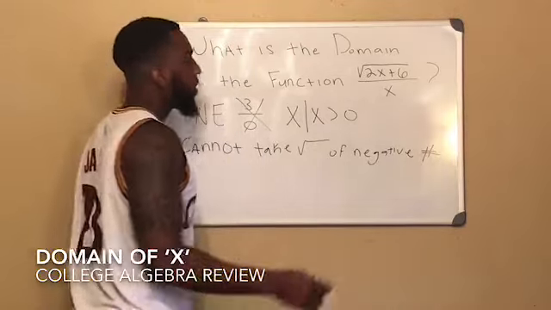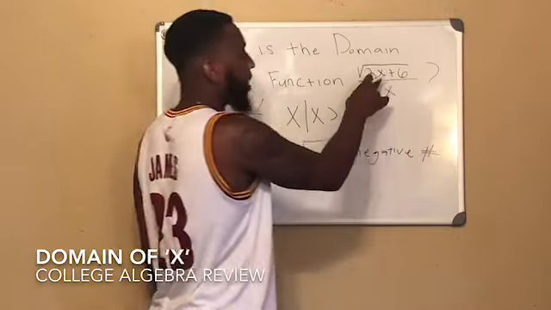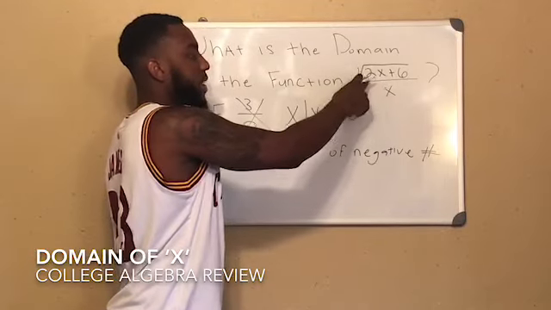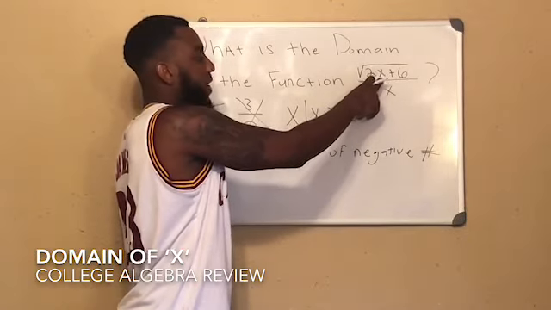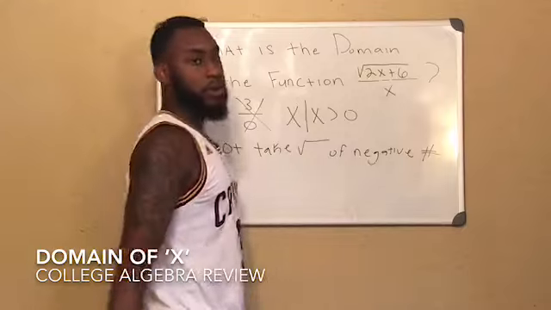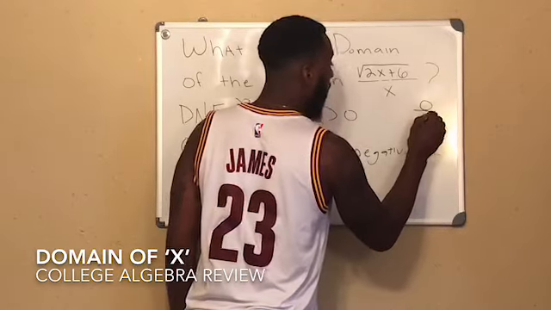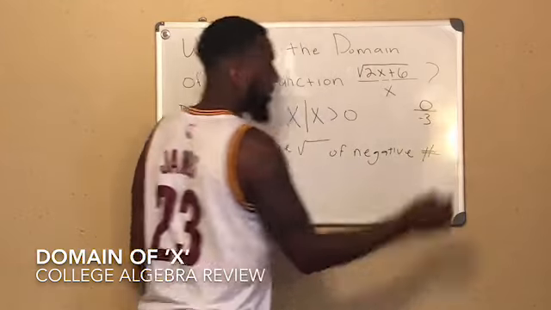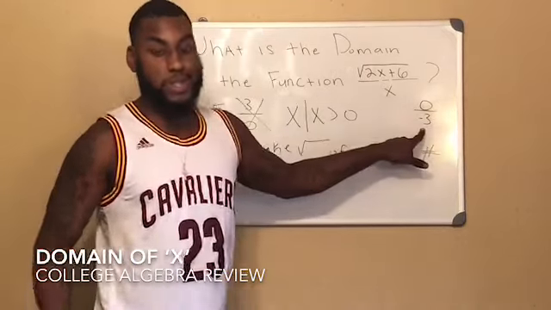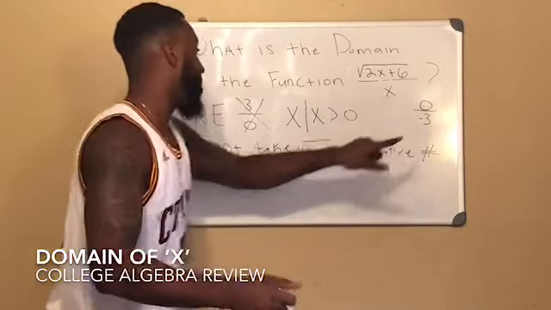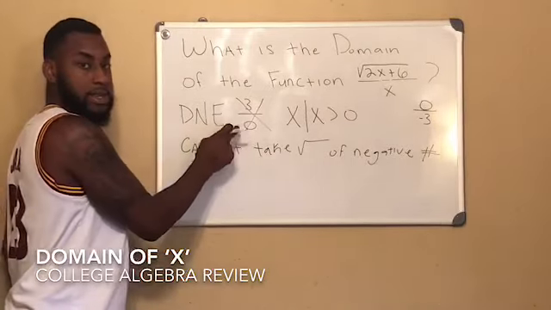Okay? So if this is a negative 3, we have 2 times negative 3, which is negative 6, plus 6 is 0. Now, 0 over negative 3 is equal to 0, which is a number, which is valid. This is not the same as this.